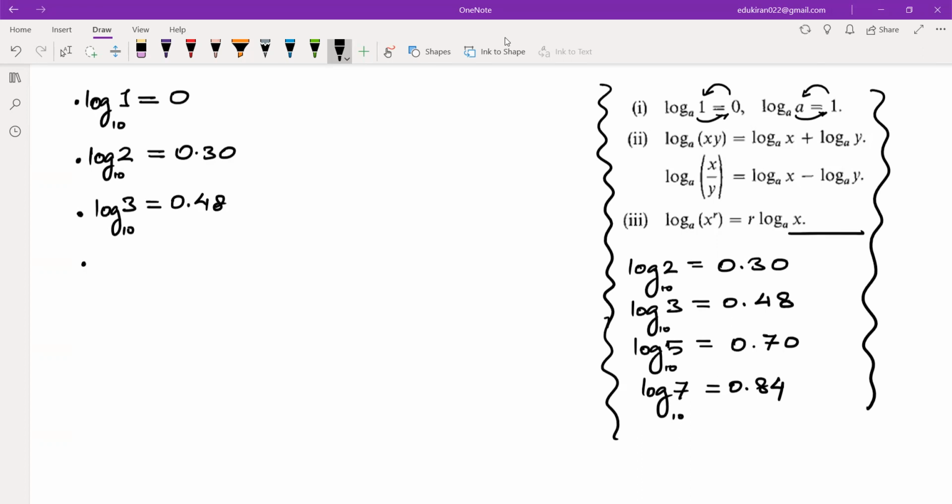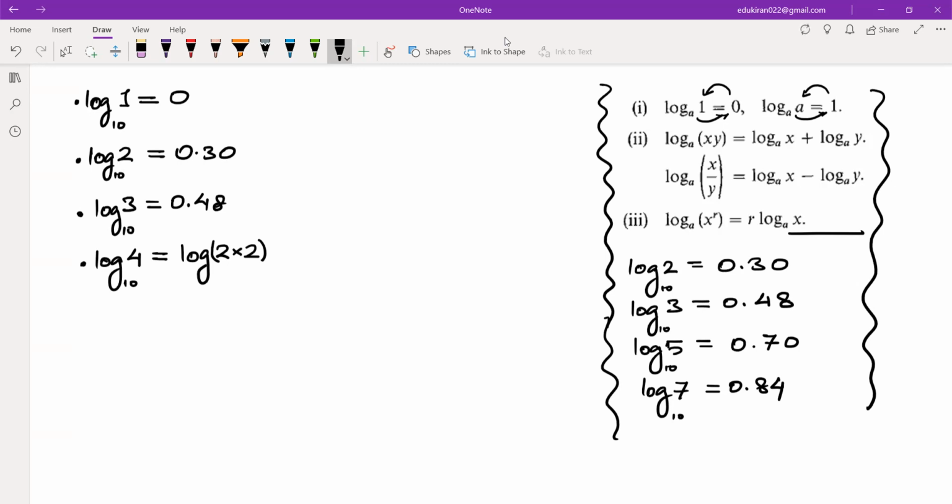Now you have to use the rules and tell me what is the log 4 base 10. How will you write log 4? So I'm giving you a hint, Hiba. I can write this log 4 as 2 into 2. Yes or no? Hiba? Yes, sir.